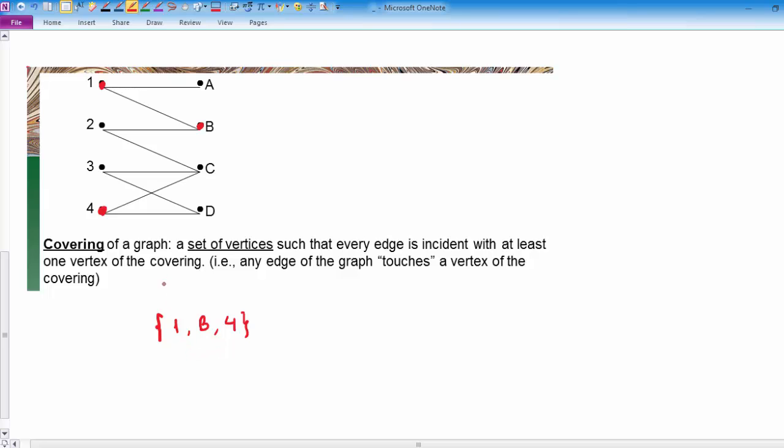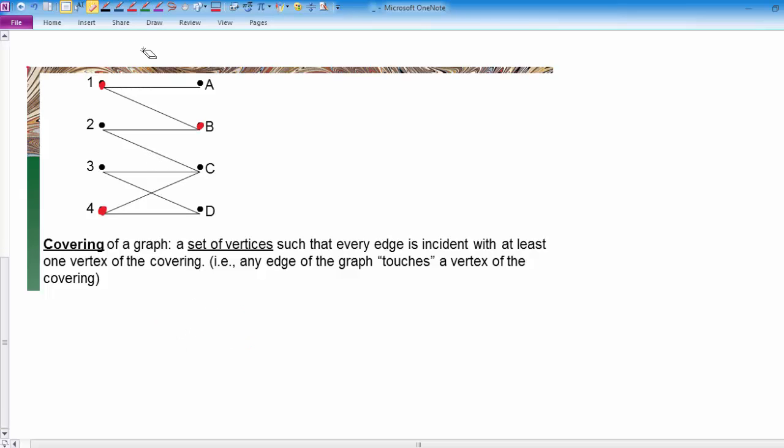Well, it's a set of vertices, but does it satisfy the definition of covering? It does not, because any edge of the graph needs to touch a vertex of this set. Clearly, for example, this edge here is not touching any of these three vertices. So it's not a covering.